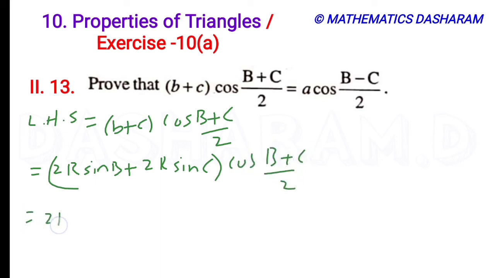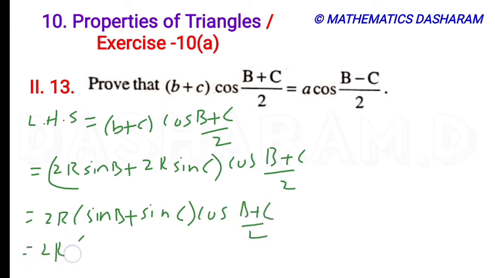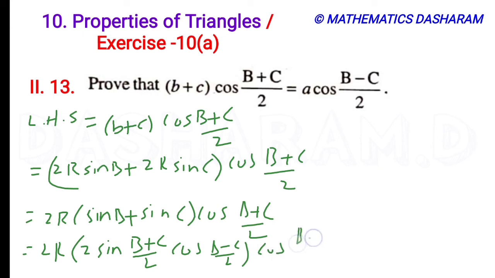Now take 2r common, so (sin b plus sin c) into cos (b plus c)/2. So 2r, here the sin b plus sin c formula is 2 sin (b plus c)/2 into cos (b minus c)/2, next into cos (b plus c)/2.